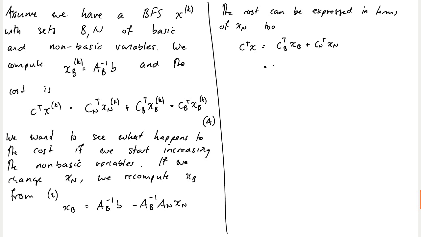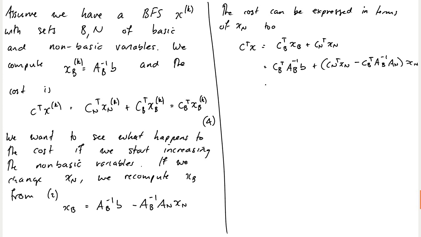Okay, and what can we do with that? Well, we'll basically just plug in this expression for xb and see what we get. Plus, we've got a cN transpose xn, and we've also got this component here, xn.